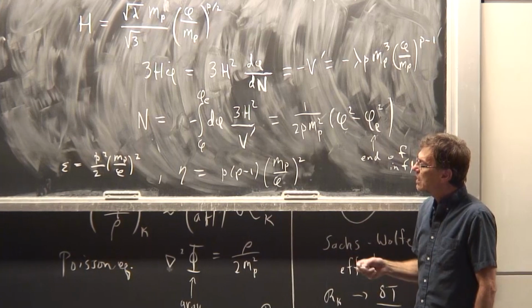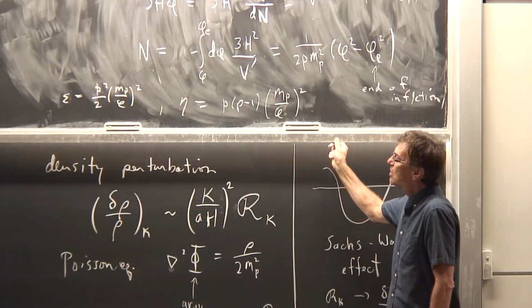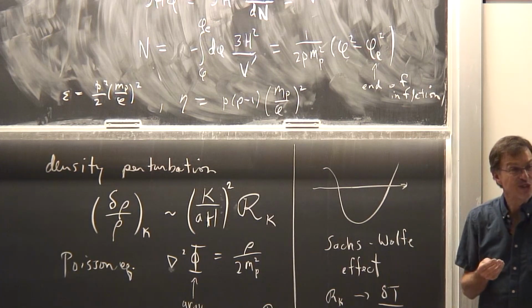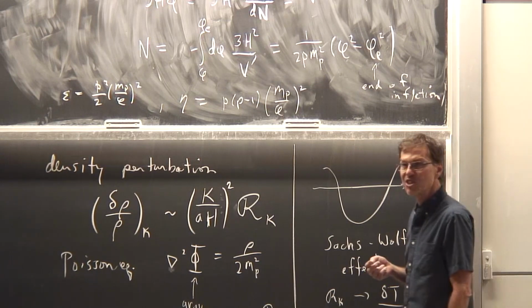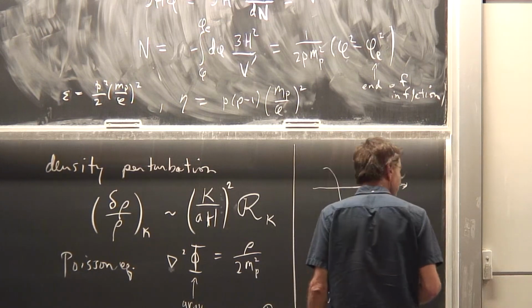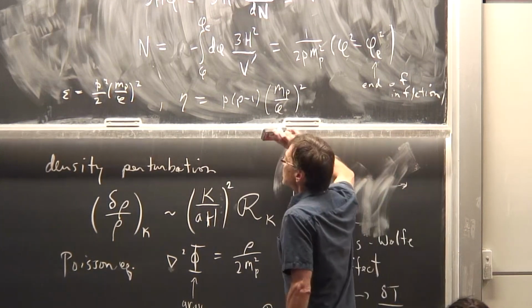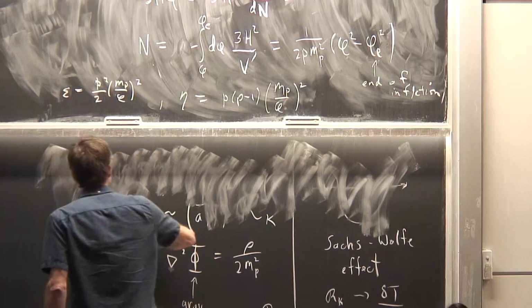And so that's something that people criticize about chaotic inflation. You worry, do you really have good theoretical understanding of the model when you go above the Planck scale? But we have to just ignore that for the time being.